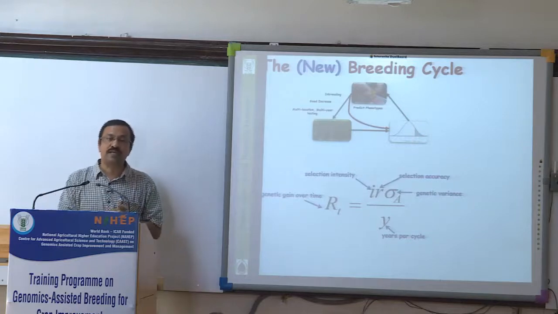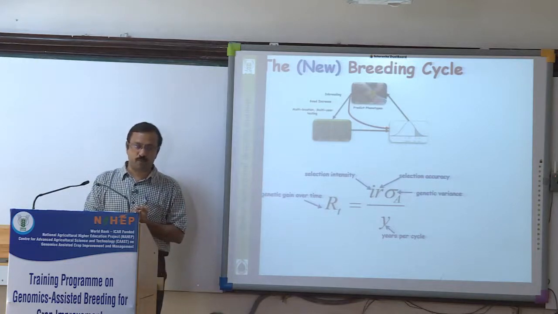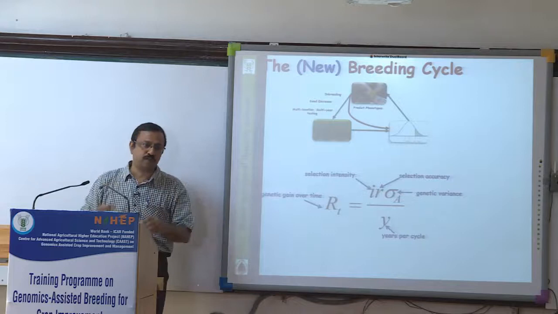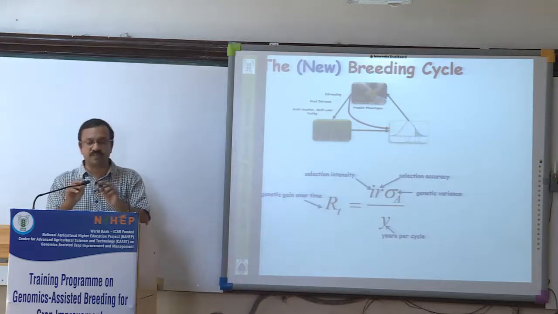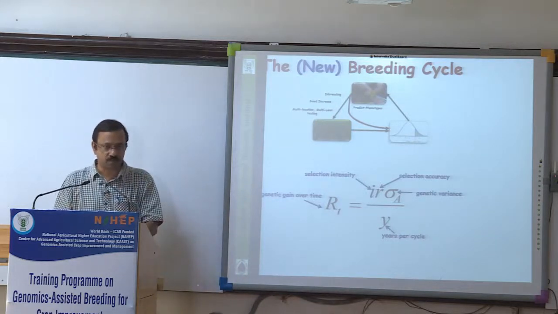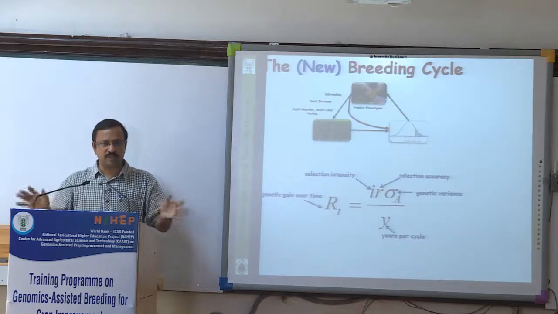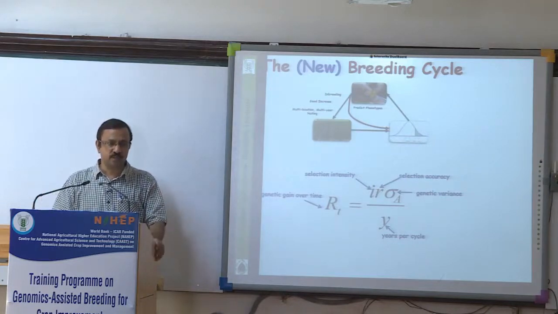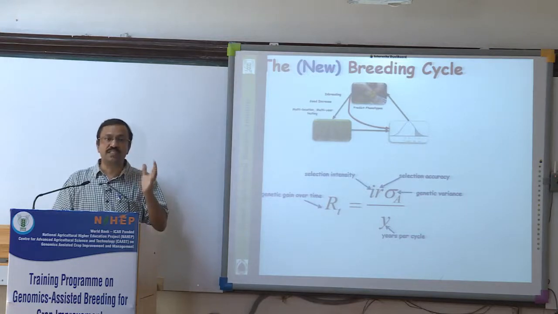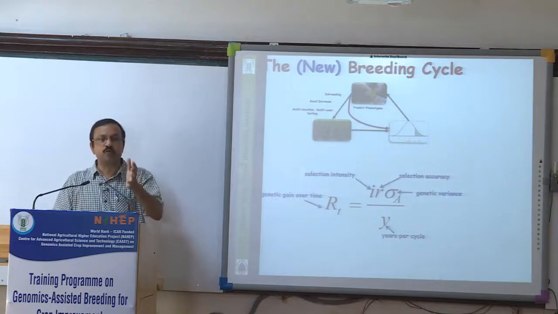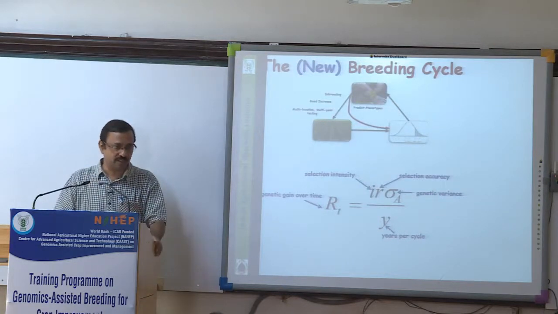Now what are you trying to do in this pedigree? For example, we are all humans, right? And all of us have taken agricultural sciences. We are all educated, irrespective of different caste, creed, region. So we have some common genes among us that gave us a tendency to go towards agricultural education, right?